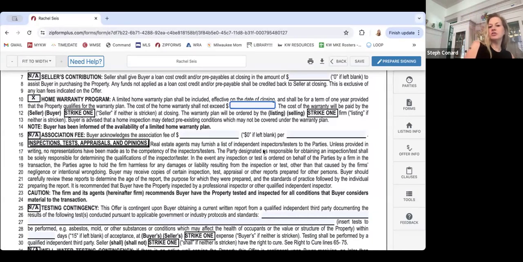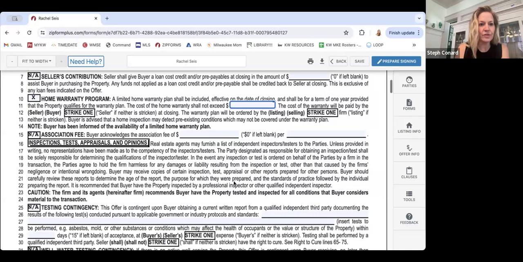So that's another idea for you in terms of negotiating inspections: home warranty coverage can be a negotiation point or an idea to use.